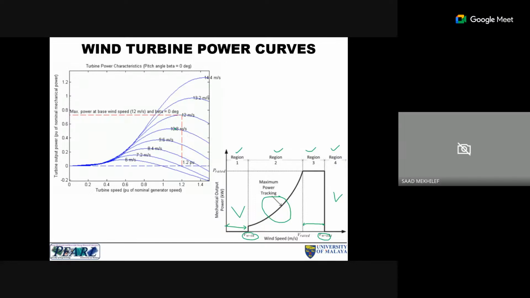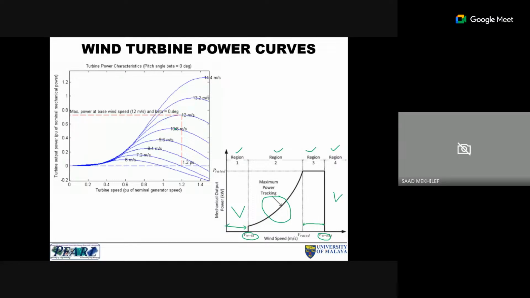So at 1.2 PU, per unit nominal speed, it gives 12 meters per second. This is the maximum power that can be extracted from the wind turbine.